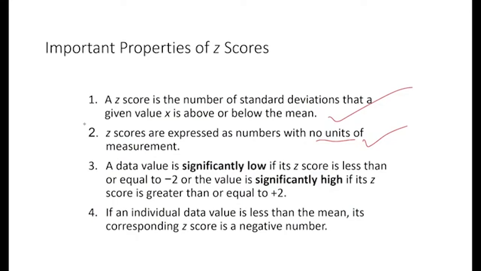If the z-score is less than -2, then the data value is significantly low. If the z-score is greater than +2, then the data value is significantly high. If an individual data value is less than the mean, its corresponding z-score is negative, and if it is more than the mean, its z-score is positive.